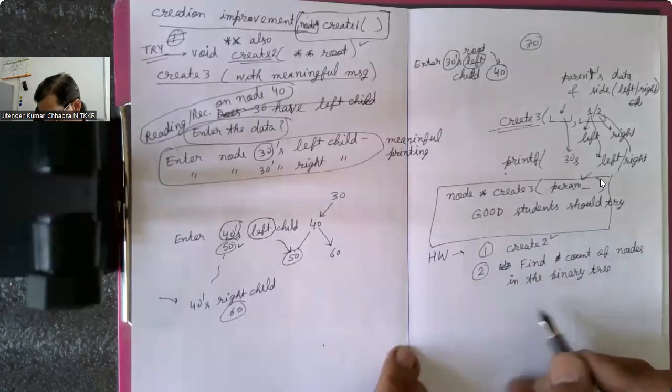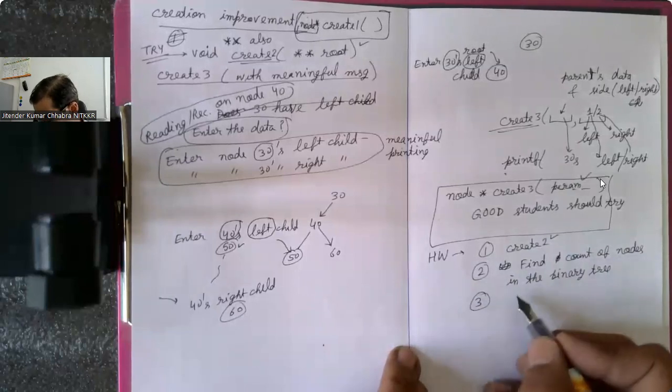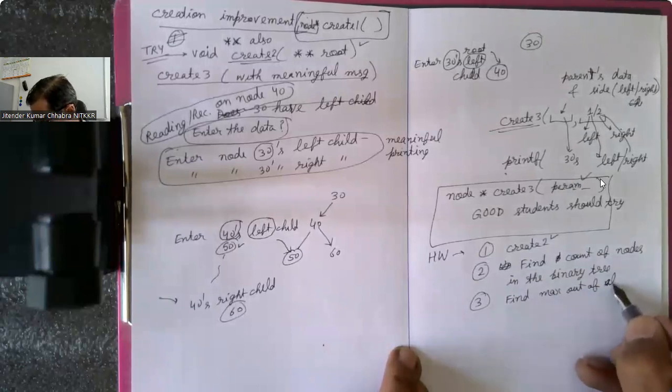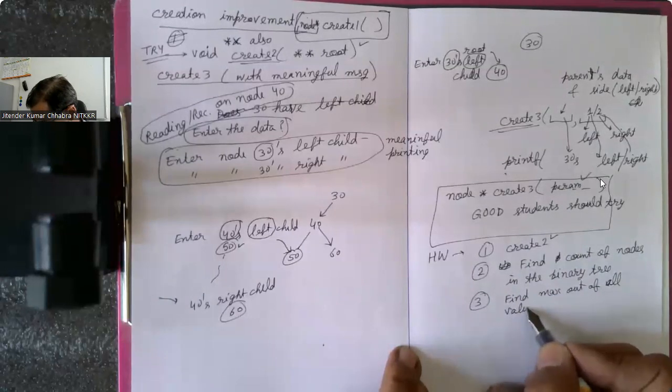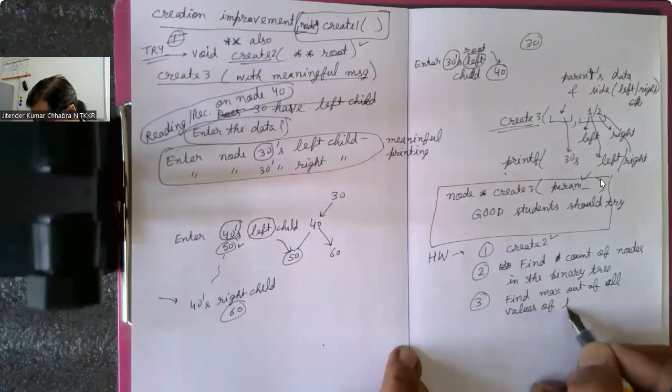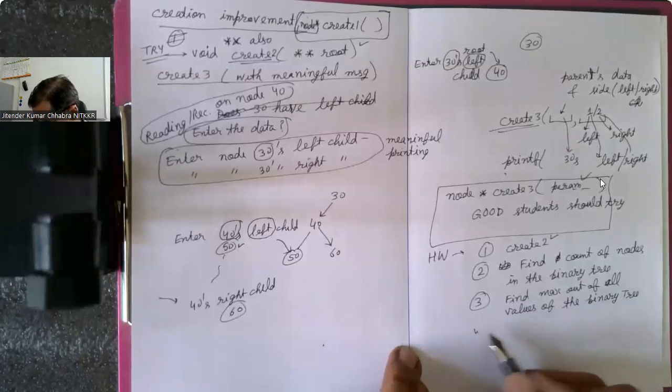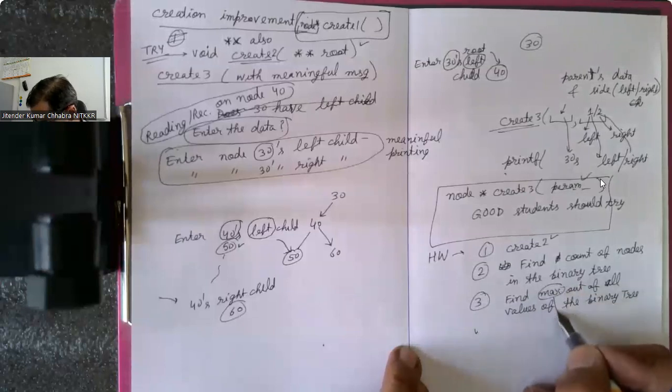Third, find the max out of all values of the tree. And similarly, instead of a max, you can find the min also.